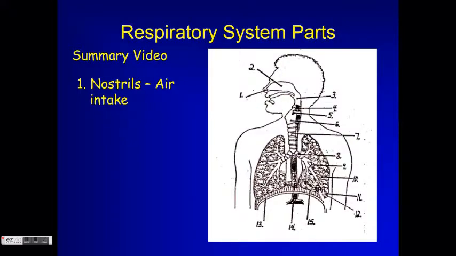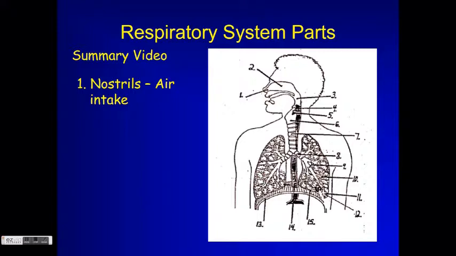As I mentioned, you have a variety of different parts to the respiratory system that are shown in the diagram on the front side. They are numbered, with the same numbers that are in the notes that you have. And so as we work through this, if you want to refer to the diagram, that's great. You don't need to necessarily label the diagram, though it's not a bad idea.